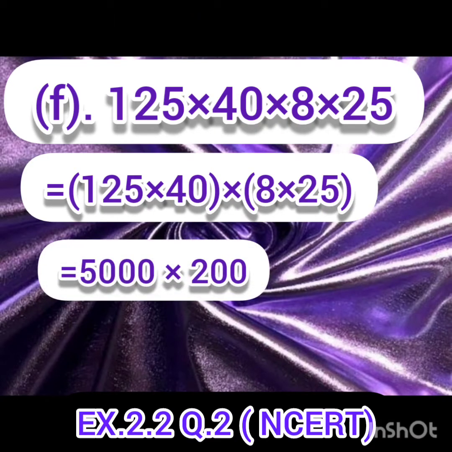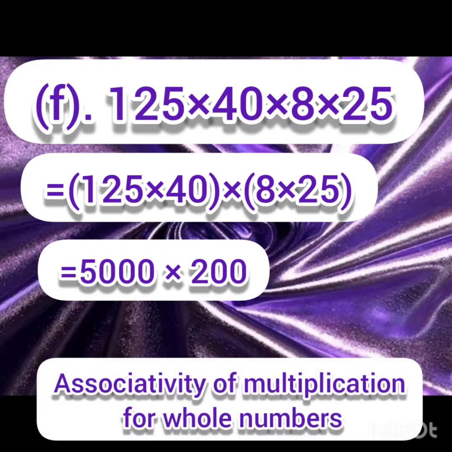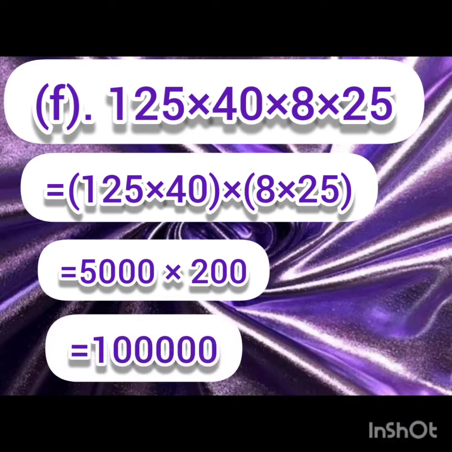The product of 125 with 40 gives the result 5000 and the product of 8 with 25 gives the result 200. This property is known as associativity of multiplication for whole numbers. Therefore, the product of 5000 with 200 gives the result 1 lakh.